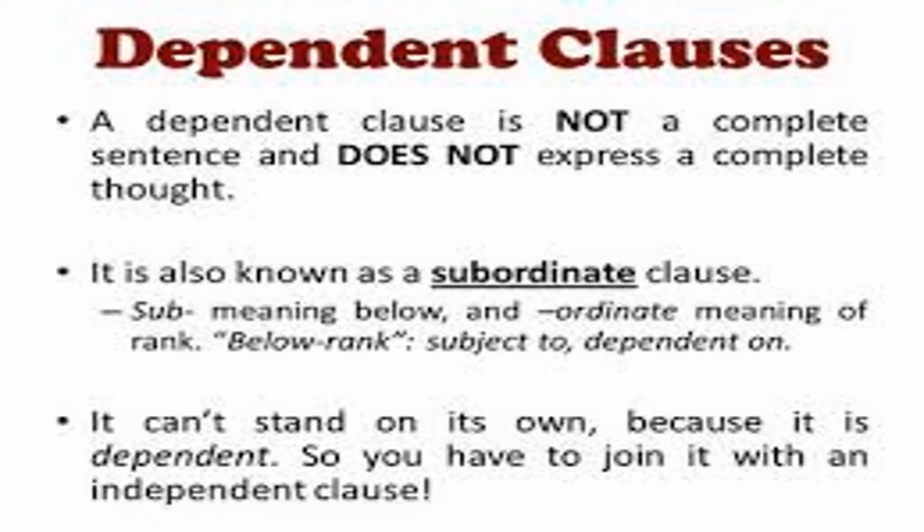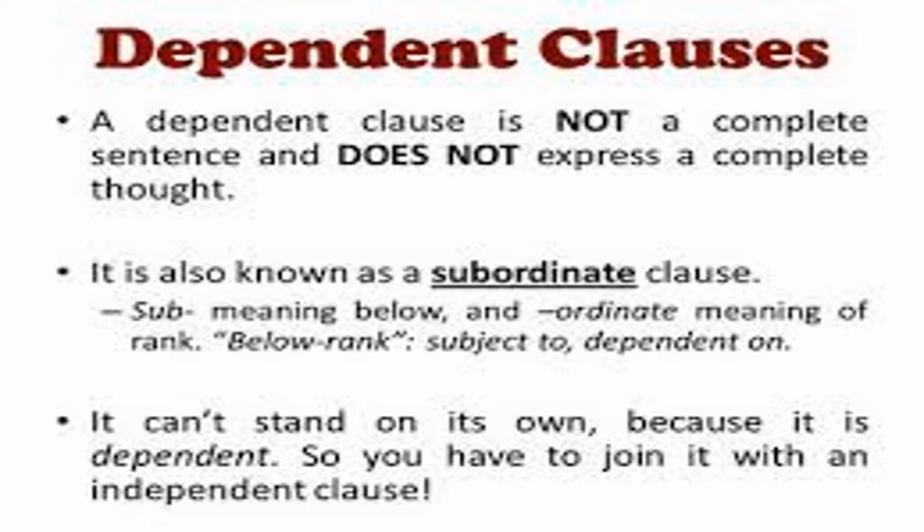Let us understand more about dependent clauses. A dependent clause is not a complete sentence and does not express a complete thought, just as we saw in the previous example. Such a clause is also known as a subordinate clause. While explaining subordinate conjunctions, I told you the meaning of subordinate.